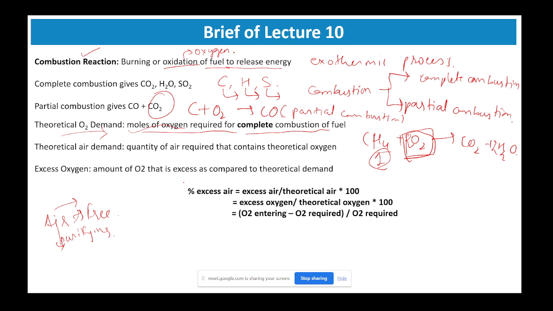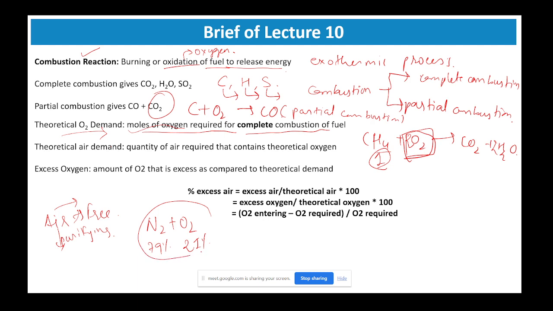Now as I mentioned, we usually take air instead of pure oxygen, which contains N2 and O2. N2 is 79 mole percent, and the rest you can take as 21 mole percent O2, because there are certain other species in trace amounts, so we neglect that.